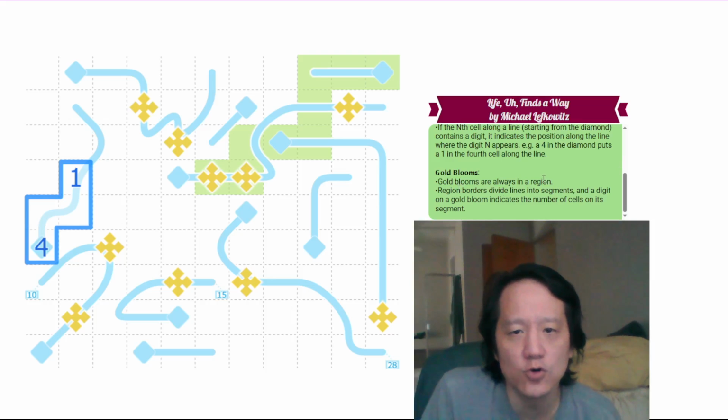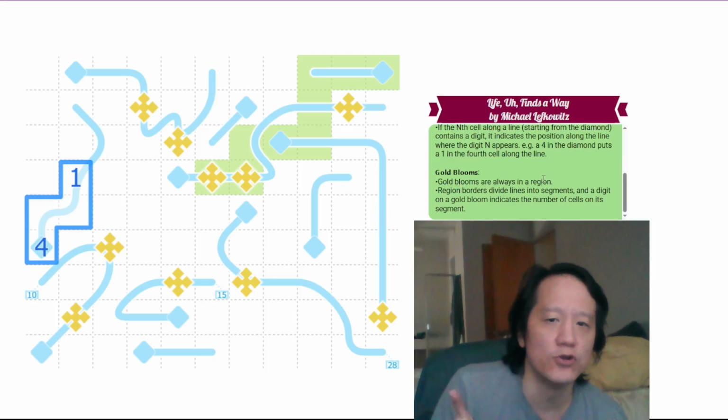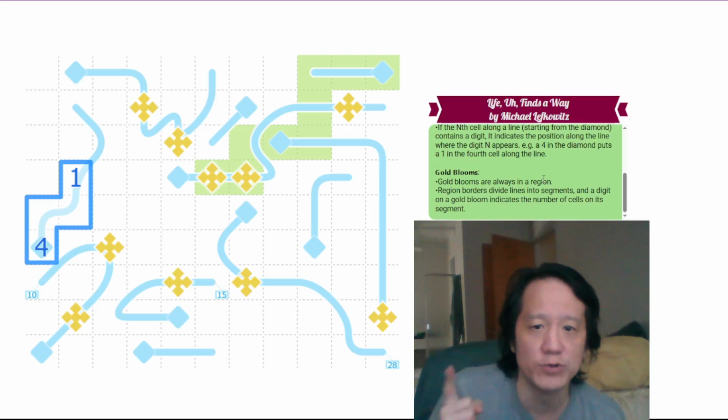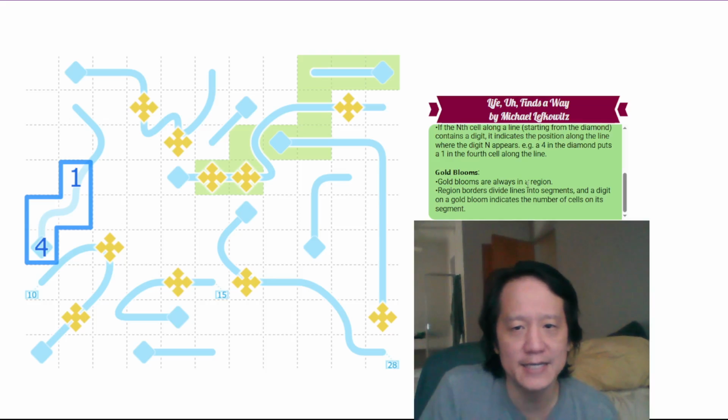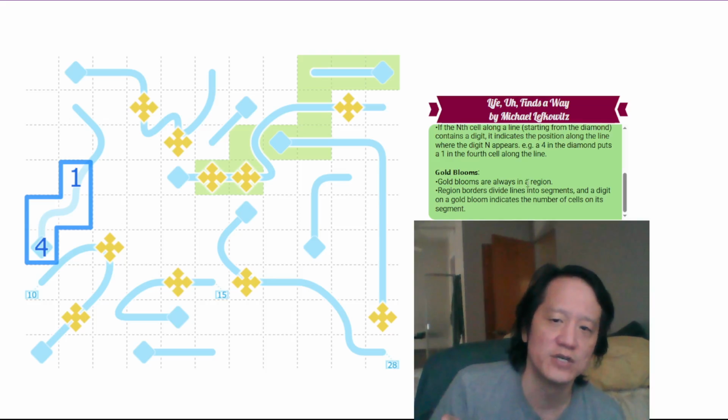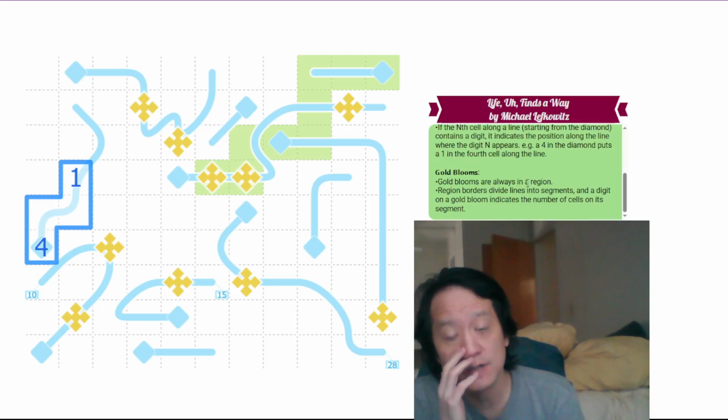We have gold blooms. Gold blooms are always in a region, and region borders divide lines into segments, and a digit on a gold bloom indicates the number of cells on its segment. Oh, interesting.